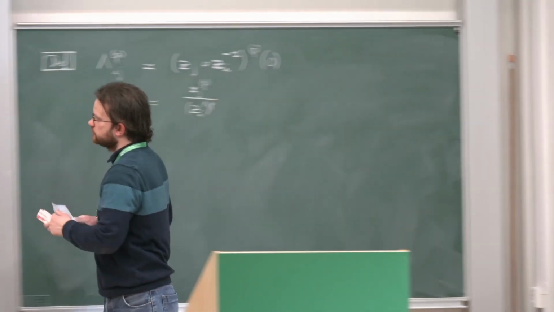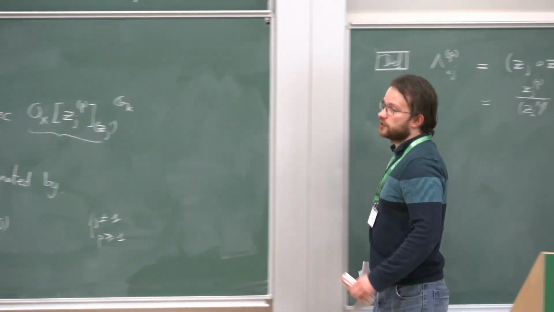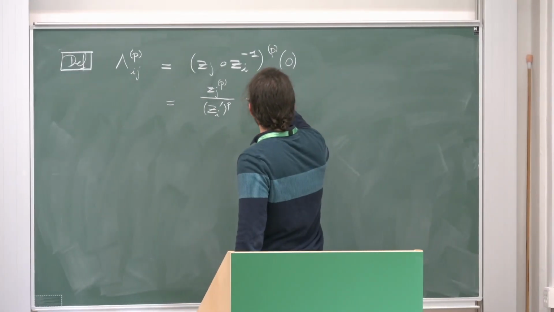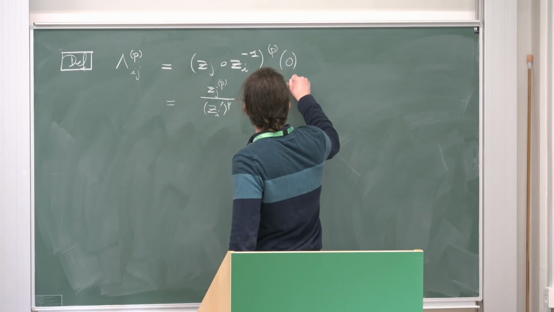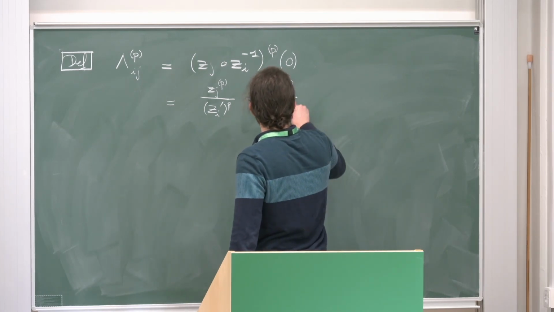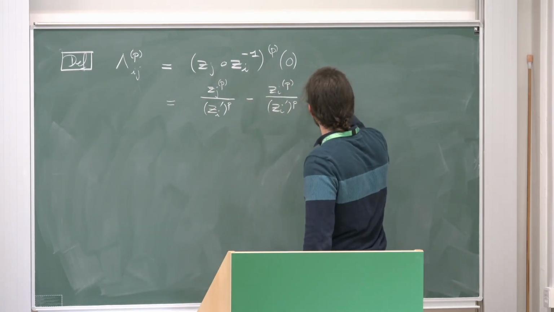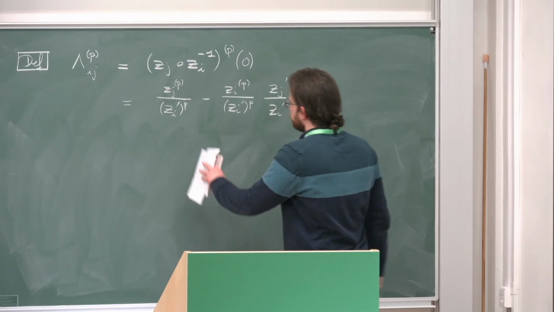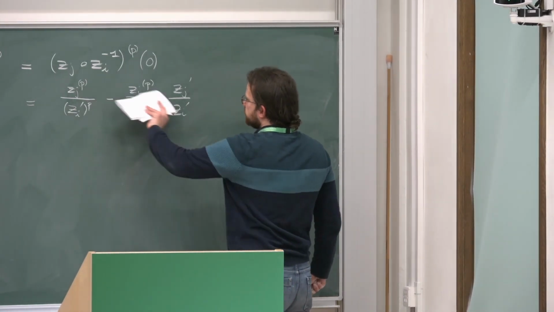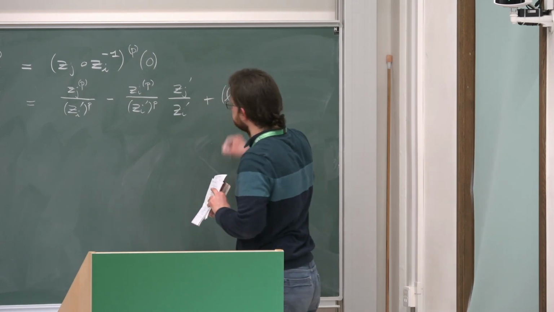So here you see it is very important that we are in the ring where we have localized things at zj prime, zi prime here, and we have minus zi derivative p times, zj prime, z1 prime. So here you see appear some sort of Wronskian at order p, and the rest are lower order terms.